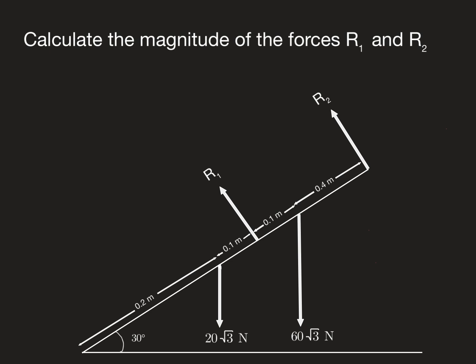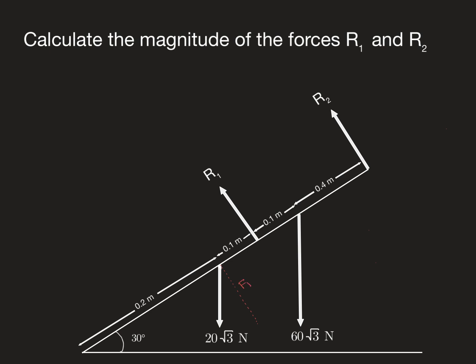So for the 20 root 3 Newton force, if we should resolve this, the force that has to be perpendicular to the 0.2 meters distance will have to come this way. And therefore I can call that force F1.